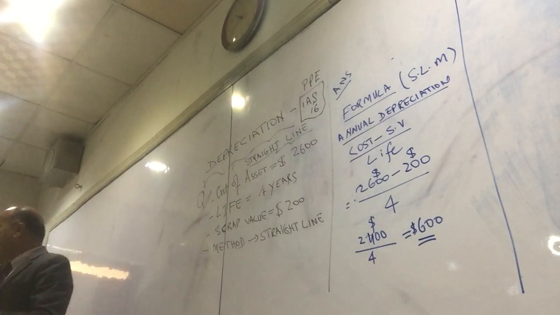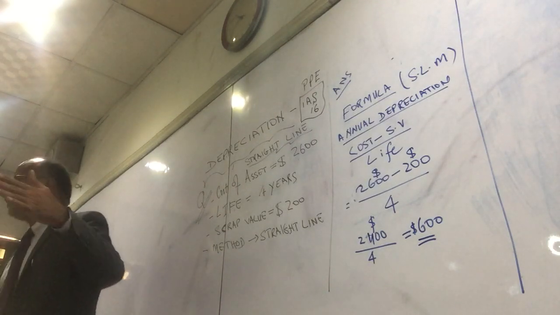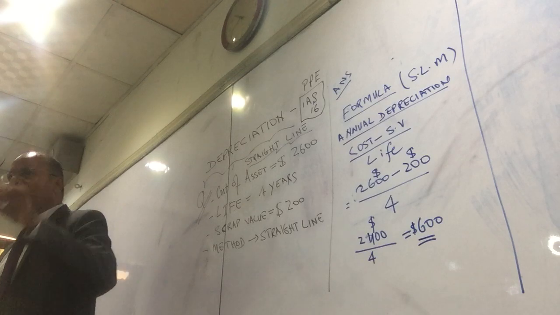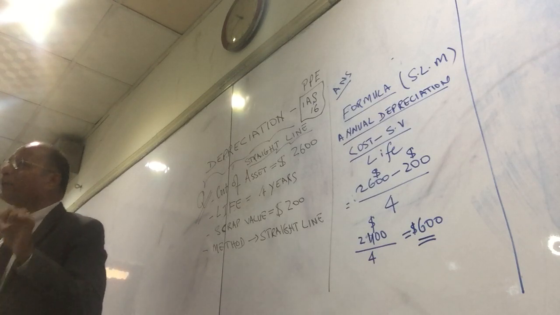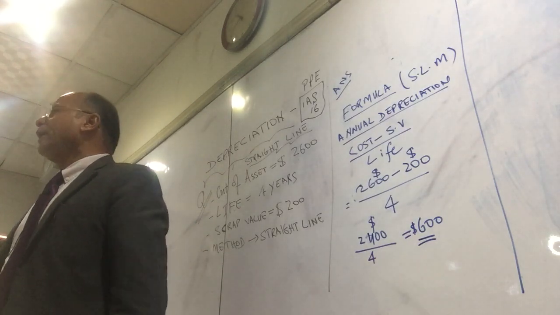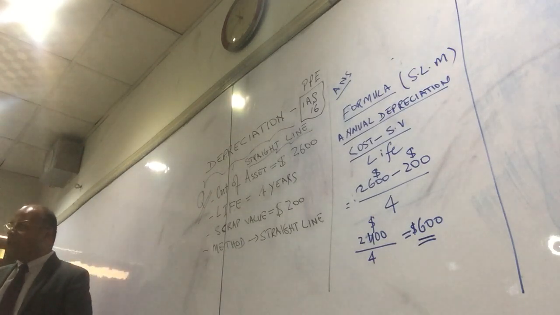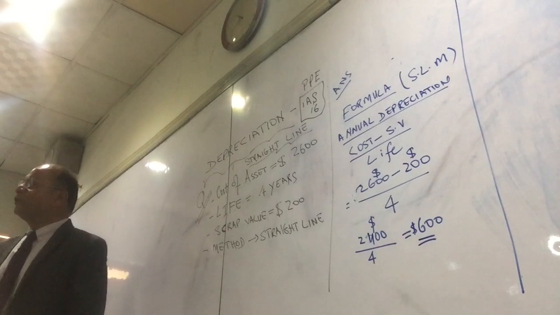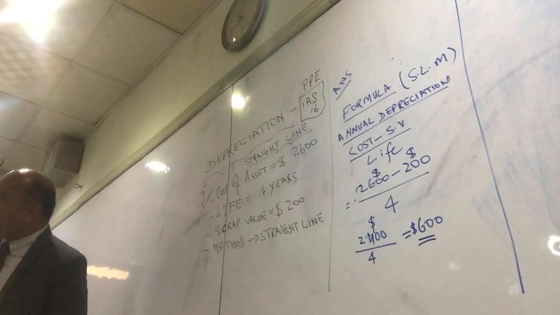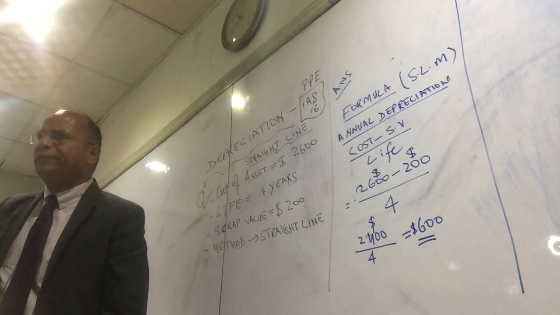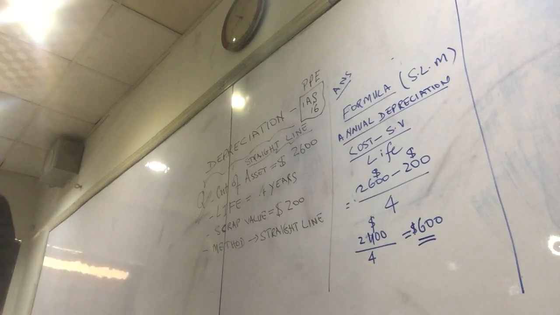And you cannot credit cash because there is no outflow of cash. At this point we are going to create a new account, and the title of that account is allowance for depreciation. Allowance for depreciation is an account which shows the decline in the fixed asset which you are having.